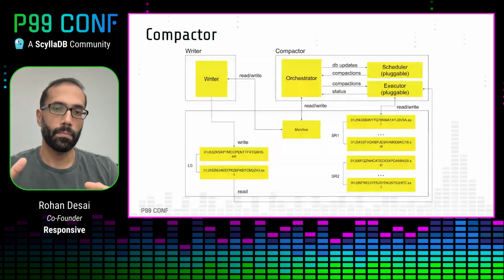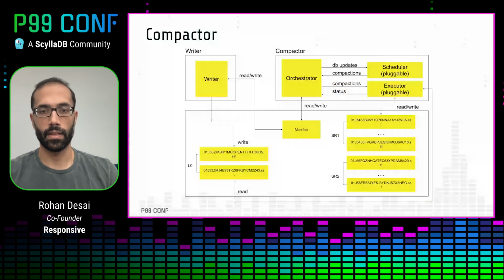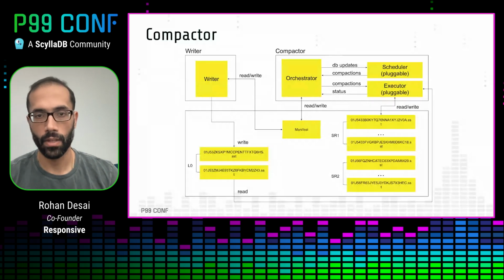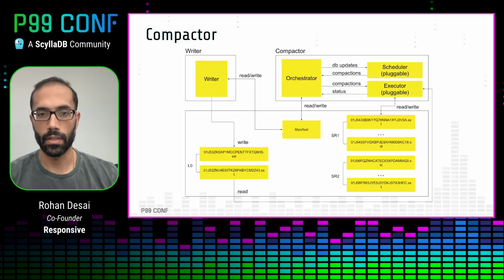The other major process that SlateDB runs is the compactor, which does the work of compacting the data in that compacted directory to reduce space and read amplification. The compactor is designed to be totally decoupled from the writer, and its only way of communicating back and forth with the writer is via the manifest.